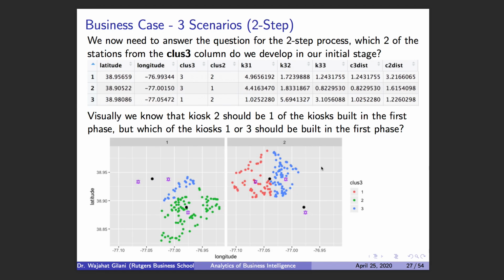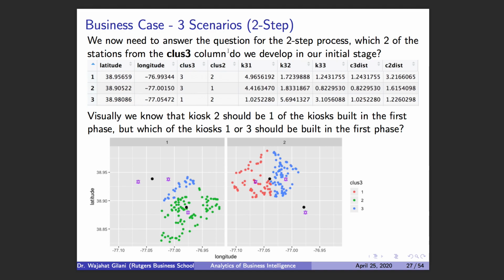Now, this part is slightly more complicated because now we need to answer the question for the two-step process. We have the data to answer the question for 3 kiosks and 2 kiosks. We don't have the data to answer the question if we do a two-step process. So how do we proceed?